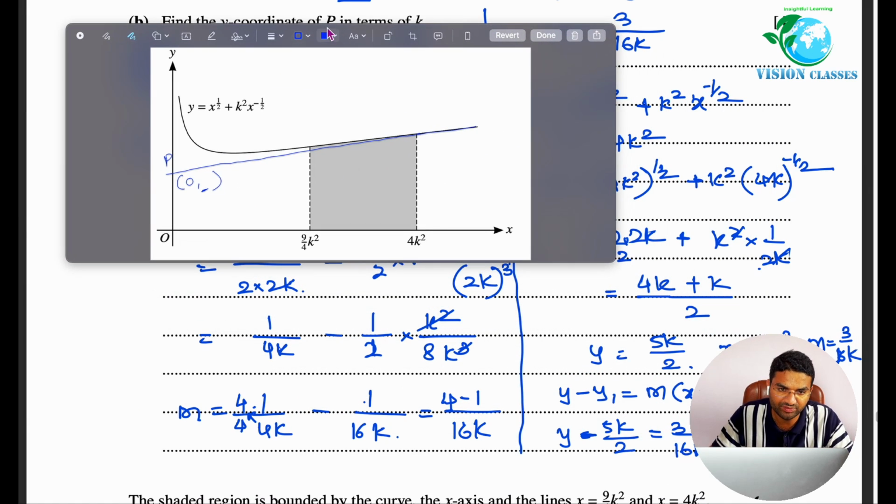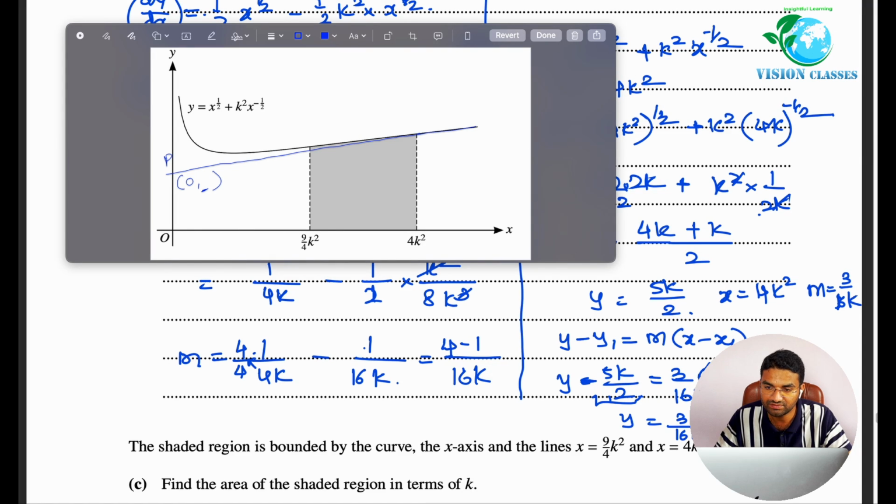So look here, the y coordinate of point P: x is equal to 0, right? So if you put x equal to 0 in this equation, you will get the simplified answer. So y is equal to 3 upon 16k times negative 4k square, because x is equal to 0 here, isn't it?